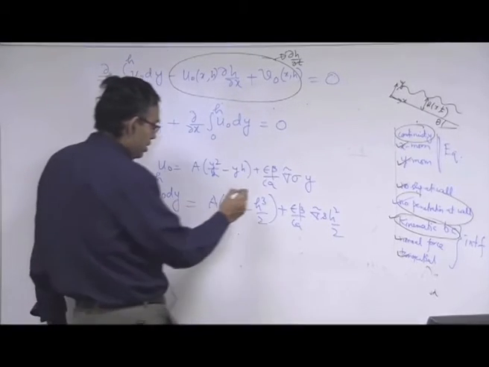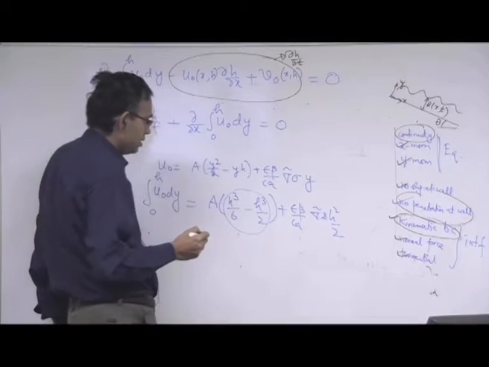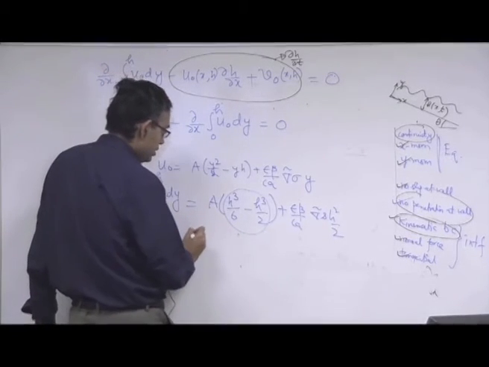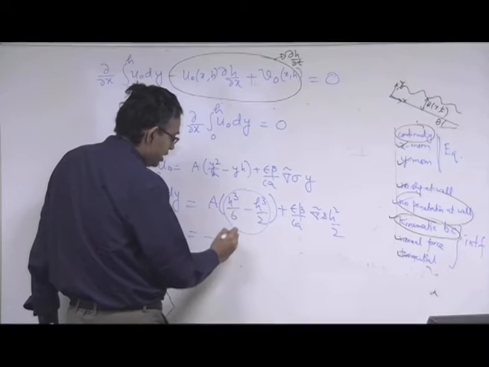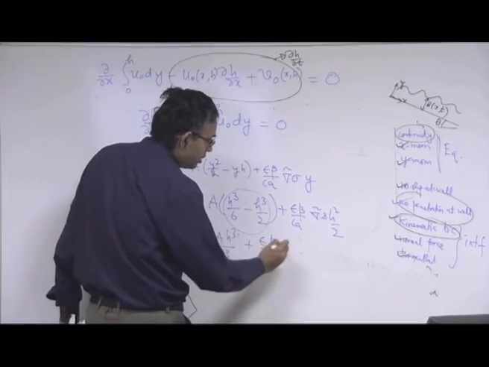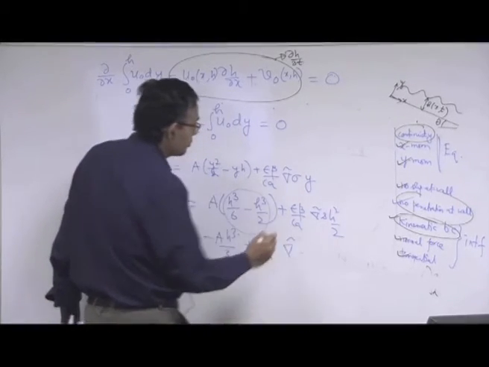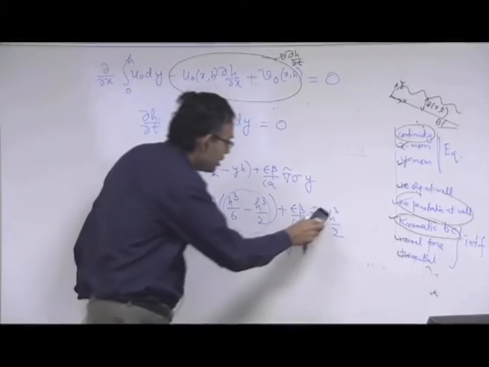So this is minus A h³/3, plus epsilon beta by capillary number, this is not s, this is sigma.